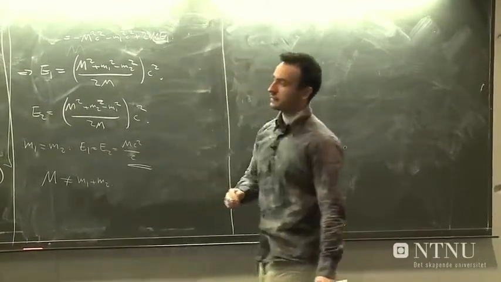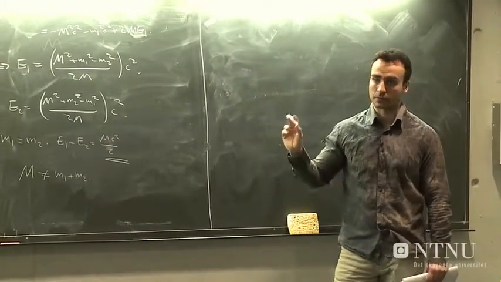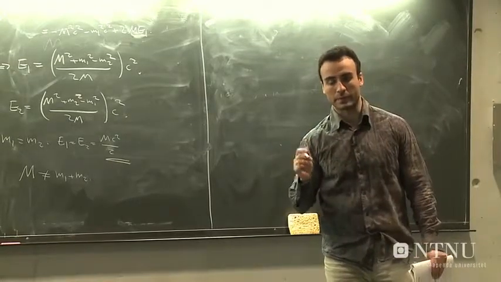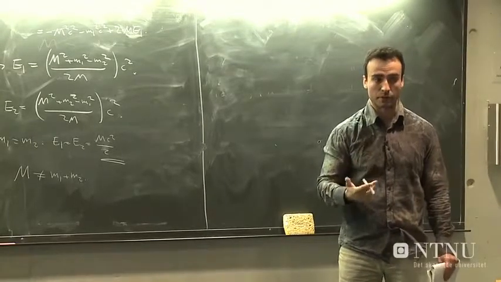Well, there is in fact at least a third route that we could have used to arrive at this result. And this particular route could perhaps be even more convenient if we were particularly interested in the velocities of the particles as well.